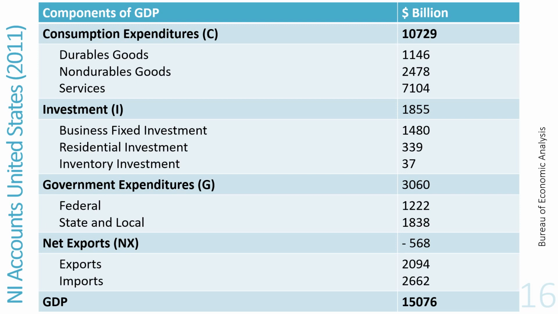Adding up the value of consumption expenditures, which is 10729, investment expenditures, which is 1855, government expenditures, which is 3060, and net exports, which is minus 568, we can get the total GDP, which is 15076.